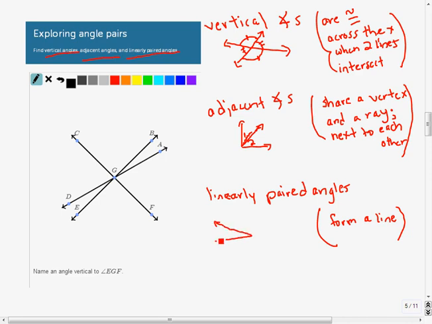So if I have one angle here, I want it to form a line. So the second angle is going to come across here, and we see along the bottom, we form a straight line. So these two angles are linearly paired.